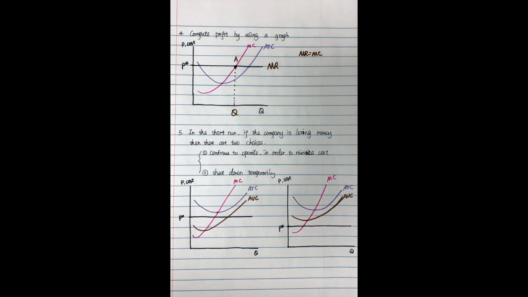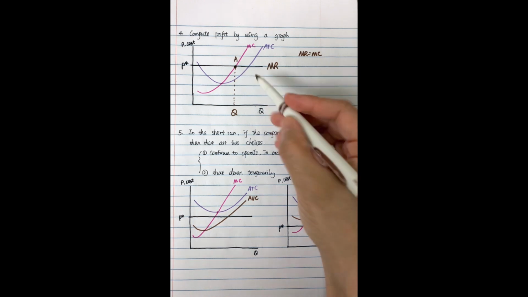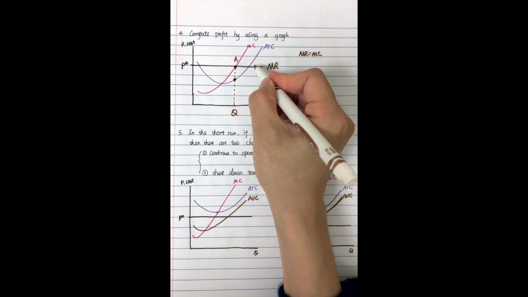Then, how can we get the profit from this graph? So from this graph, you might notice that from point A here, you can find out another corresponding point on average total cost, okay?